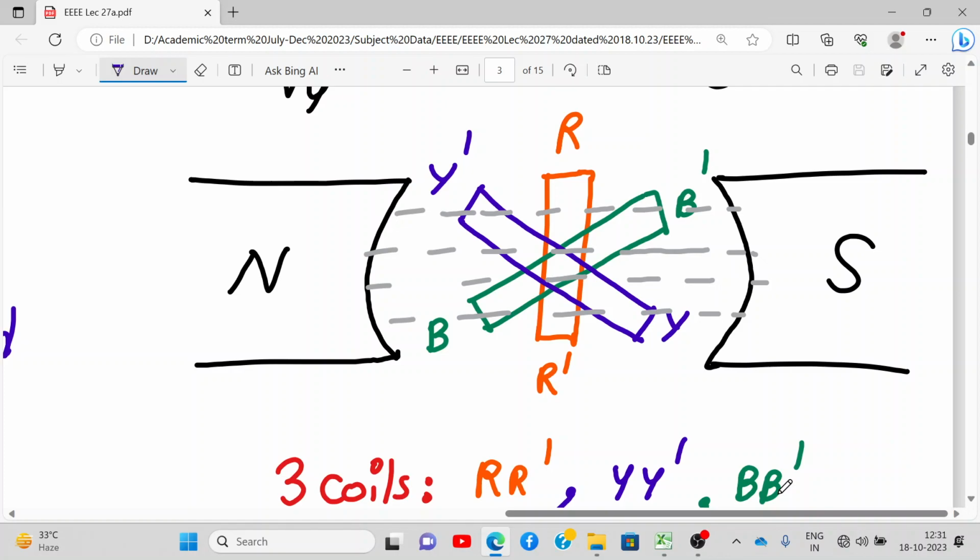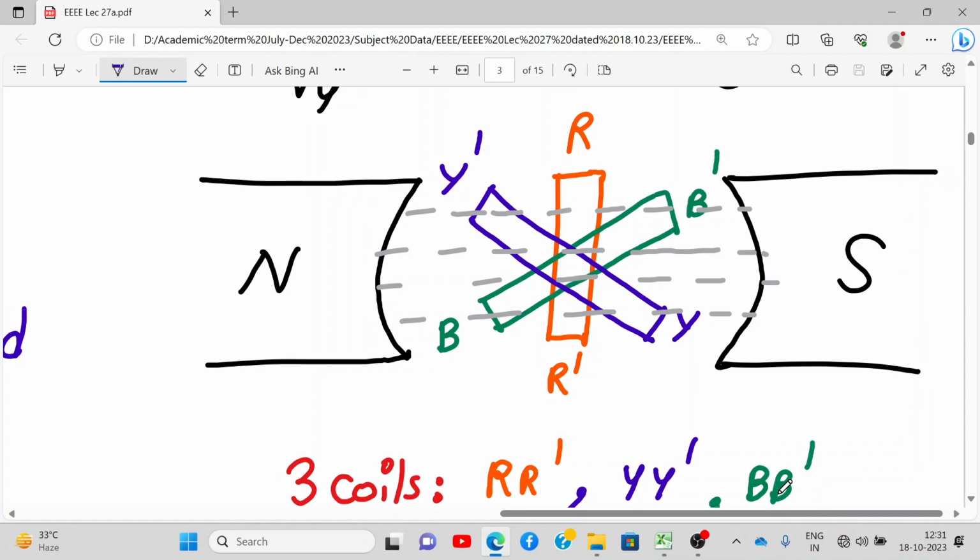Whenever, let's say, this is my magnetic lines of flux, and if the coil is like this, I have a maximum induced EMF. If the coils are in parallel, phase difference is zero and EMF will be zero. If the coils are like this, phase difference will be maybe 45 degrees. Are you understanding? So whenever these coils coincide or cut the magnetic lines of flux, EMF is induced. Which law?